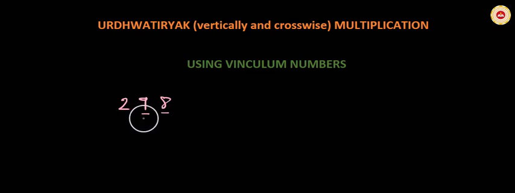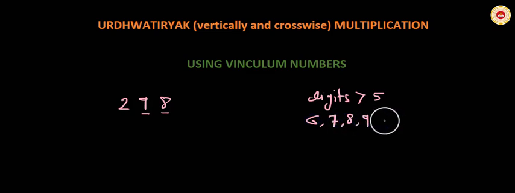So what is the benefit of converting a given number into vinculum numbers? See, when there are bigger digits, what are bigger digits? The digits greater than 5, that means 6, 7, 8, 9.